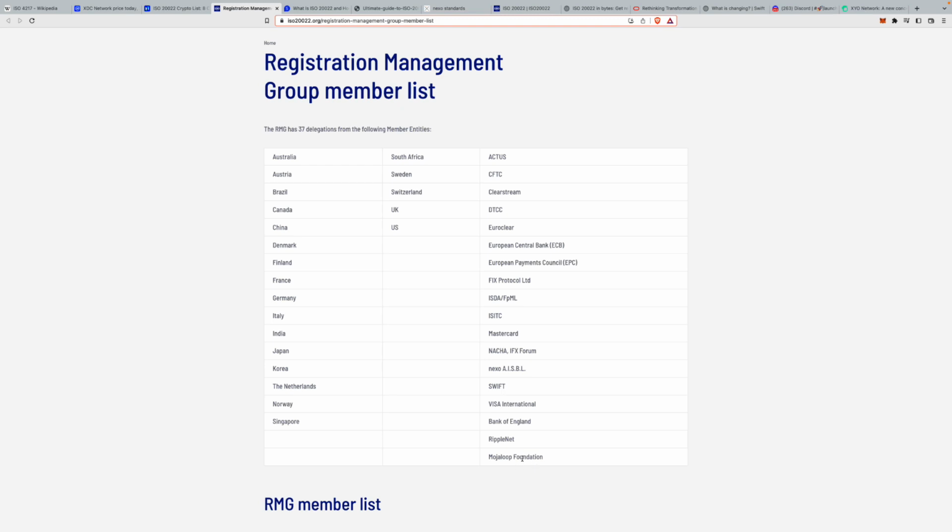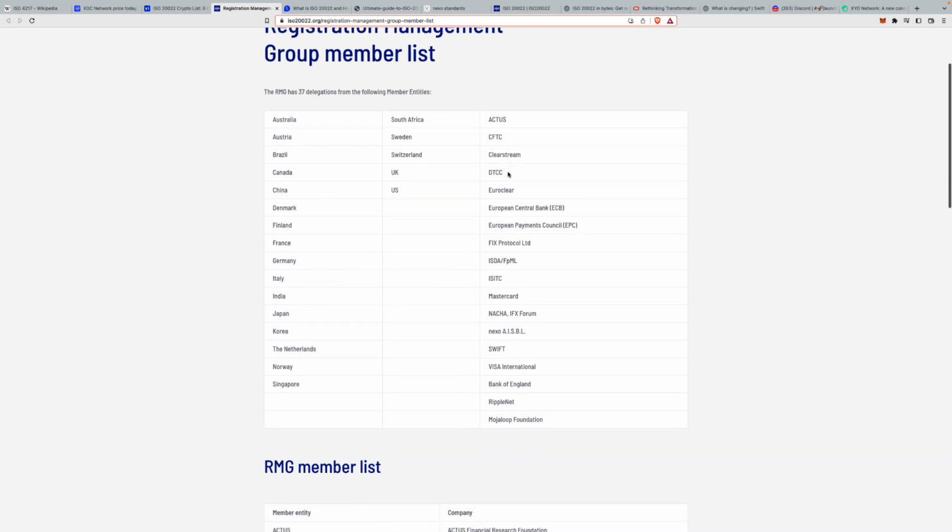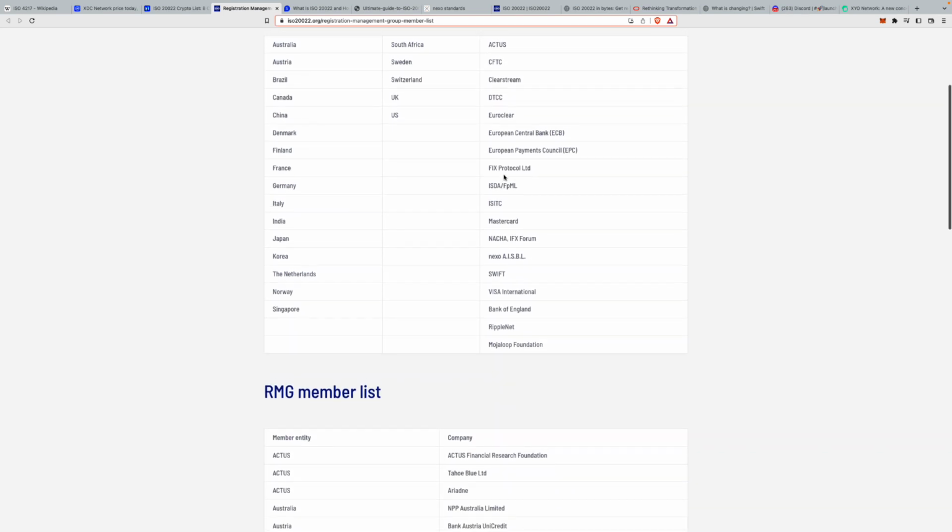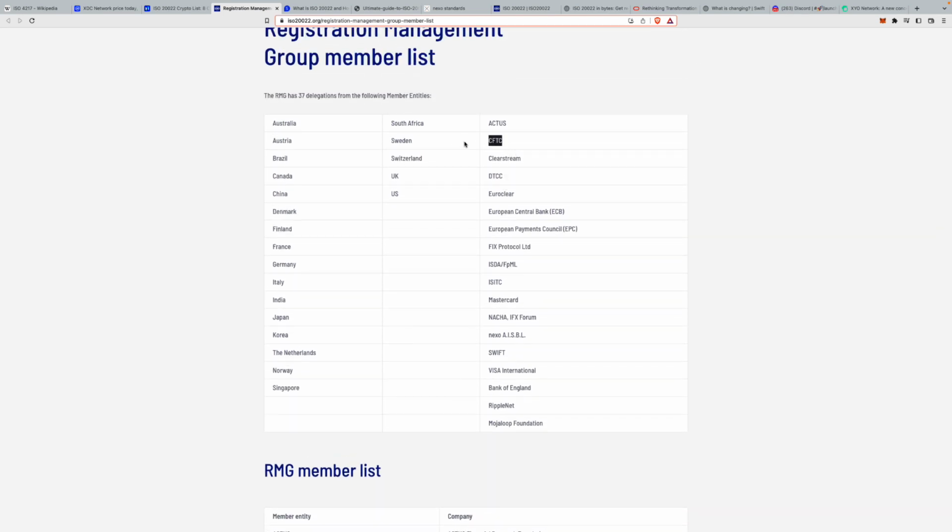Moduloop Foundation, Bill Gates, RippleNet, Bank of England, Visa, Swift, Nexo AISBL, NACHA, MasterCard, ISITC, ISDA, FIX Protocol, European Payments Council, European Central Bank, Euroclear, DTCC, Clearstream, CFTC, ACT US. So it's no surprise that the CFTC is on there and the SEC is not.